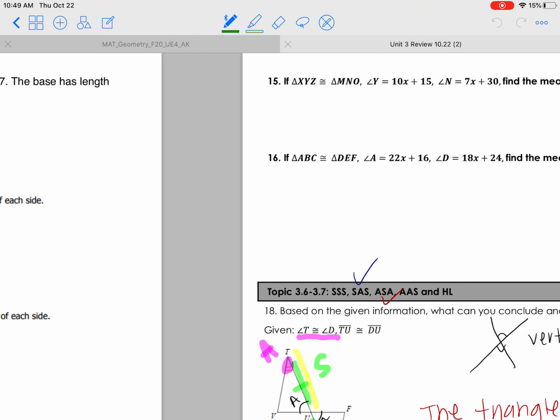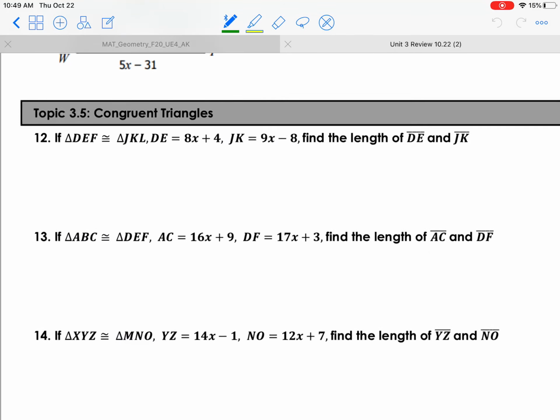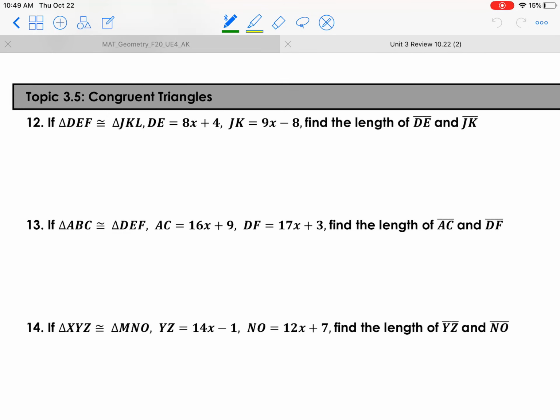Now moving on, the next topic that I wanted to review with you guys is congruent triangles. So here it says that if triangle DEF is congruent to triangle JKL, and DE is 8x plus 4, and JK is 9x minus 8, find the length of DE and JK.